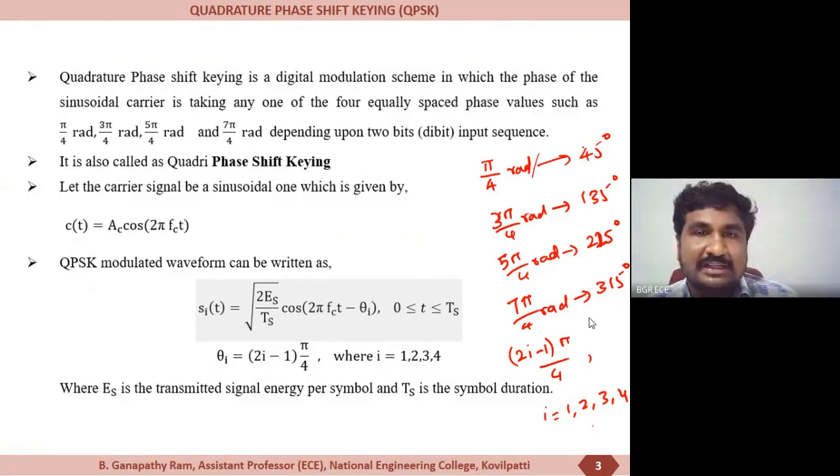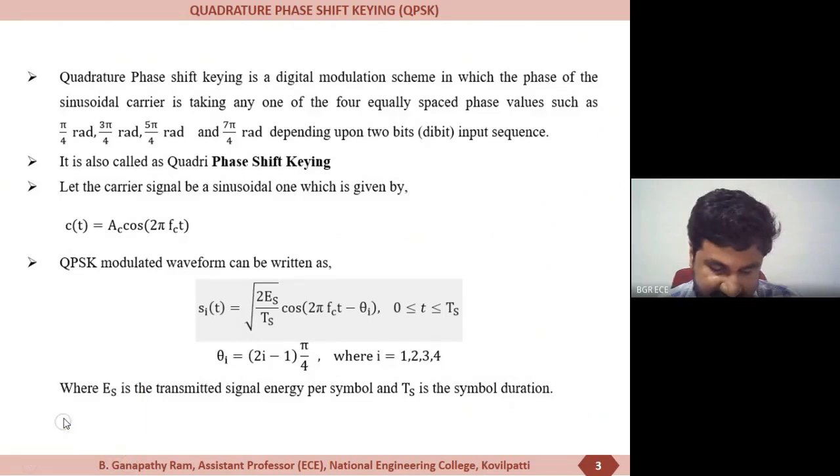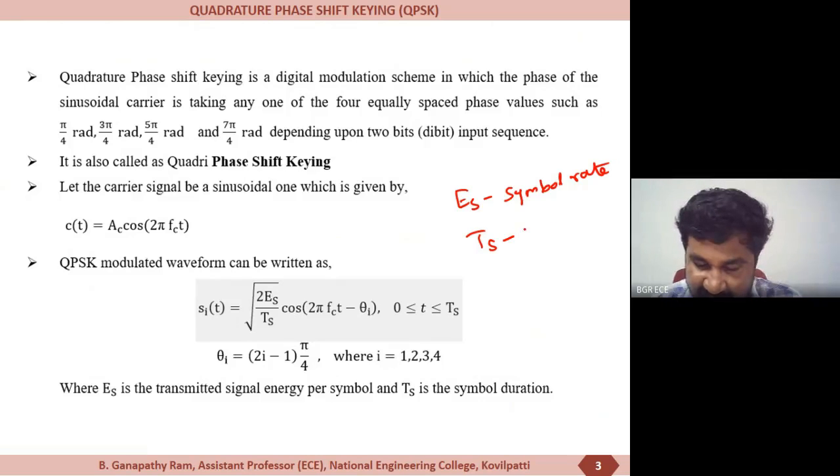Hence, the QPSK modulated waveform is given by Si of t equals square root of 2Es over Ts times cos(2 pi fc t minus theta i), where t is between 0 and Ts. Here, Es is the symbol energy and Ts is the symbol duration.